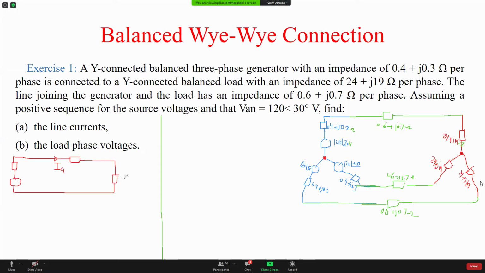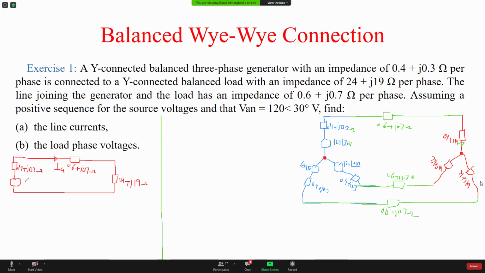This impedance is 24 plus J19. This impedance is 0.6 plus J0.7 ohm. They're all in ohm. This is 0.4 plus J0.3.